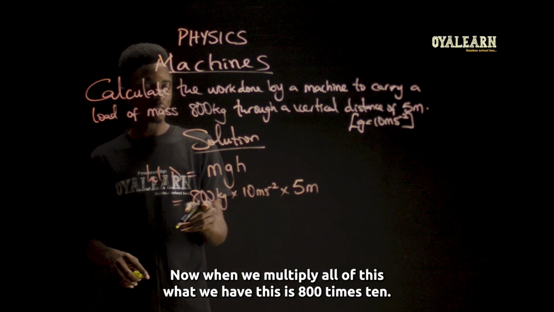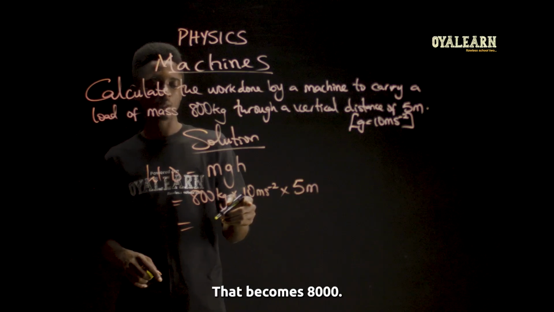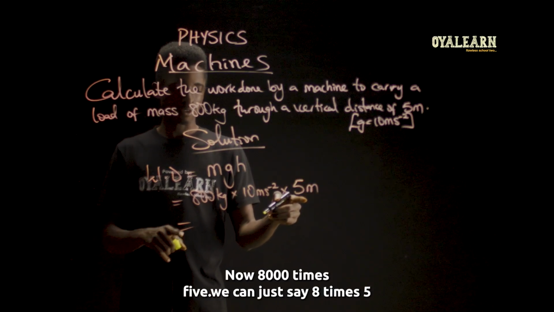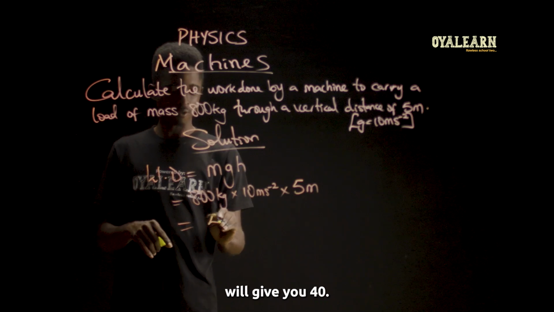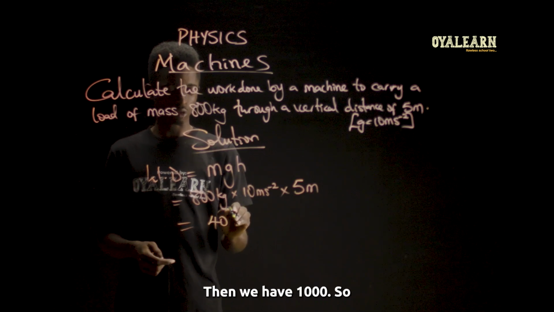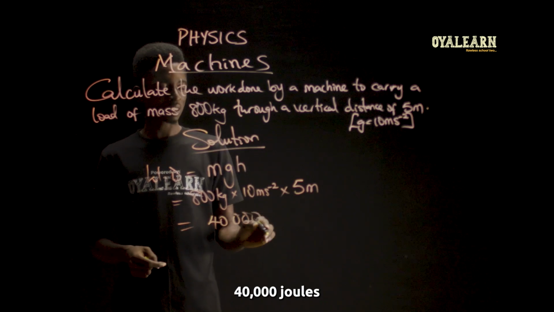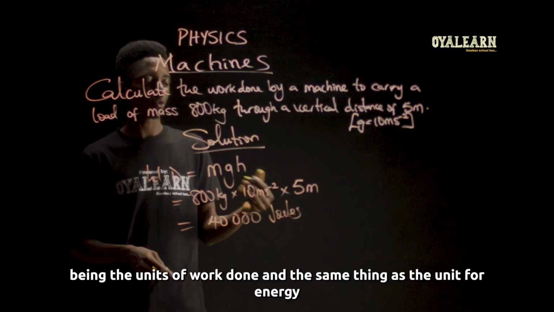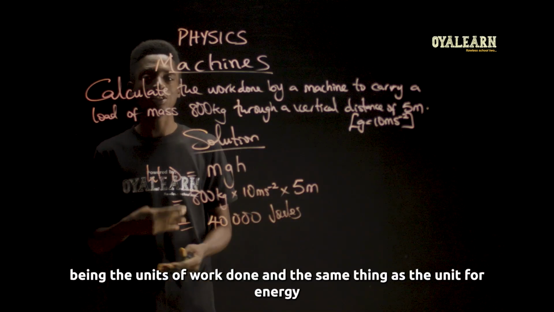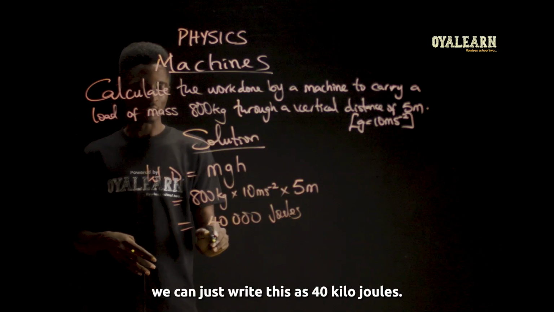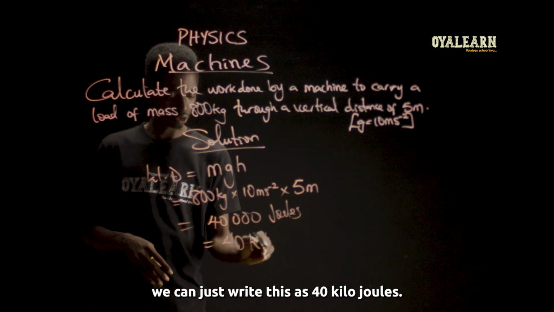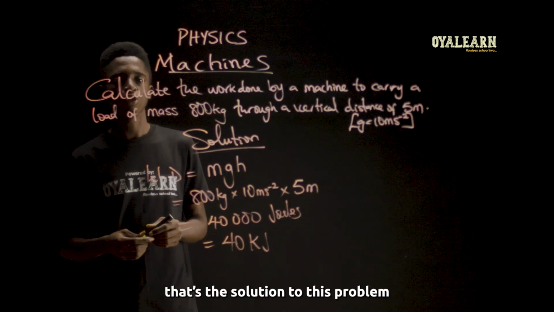This is 800 times 10, that becomes 8,000. Now, 8,000 times 5. You can just say 8 times 5 will give you 40. Then we have 1,000, so 40,000 joules being the unit of work done, and the same thing as the unit for energy. You can just write this as 40 kilojoules. And that's the solution to this problem.